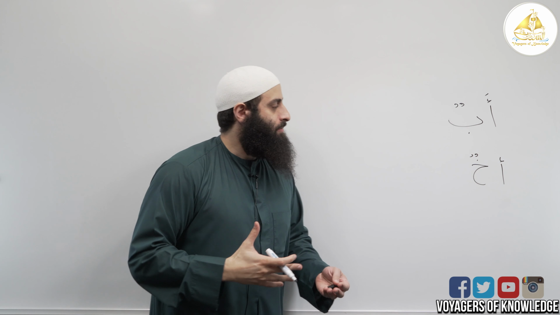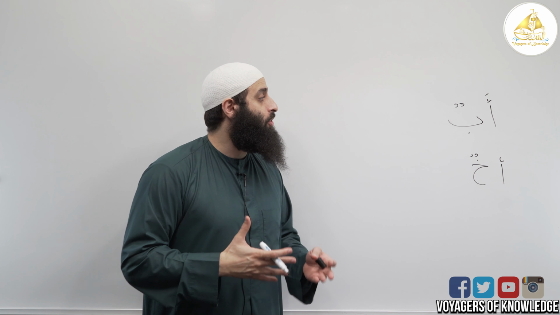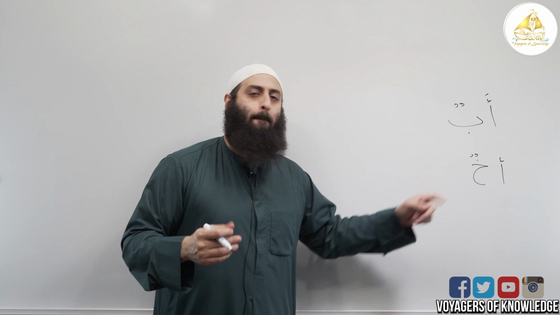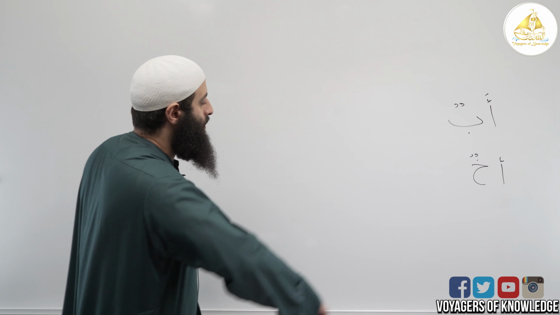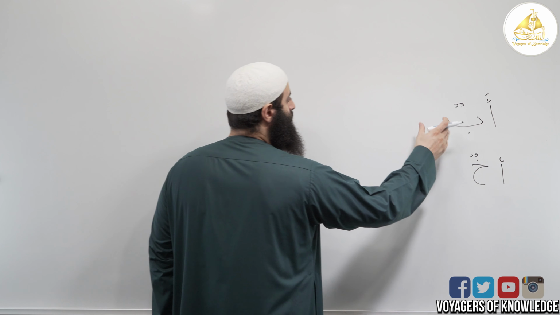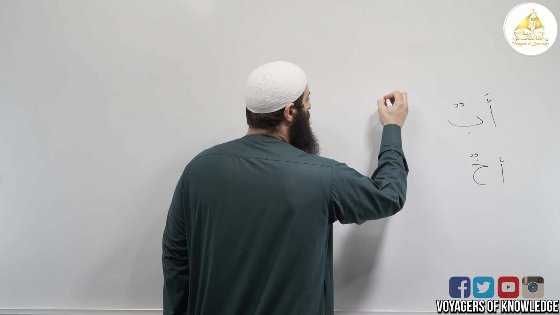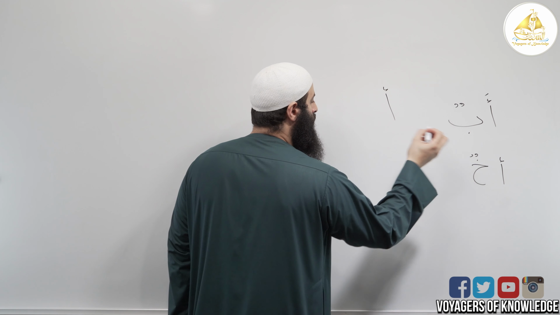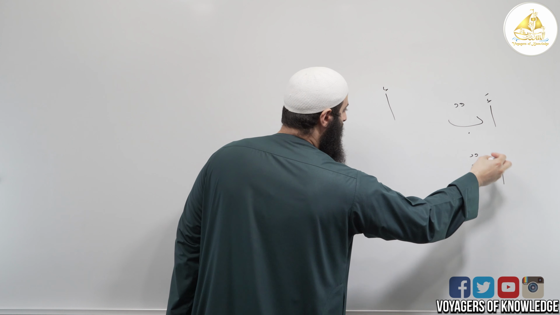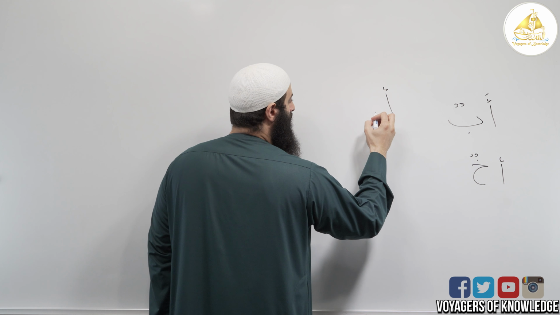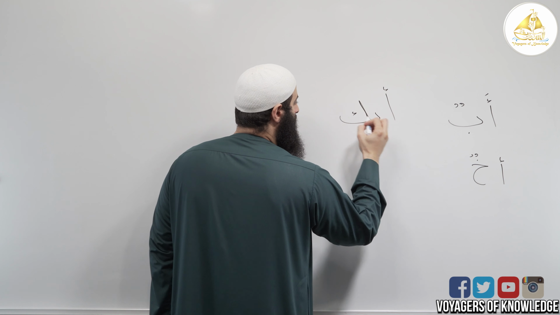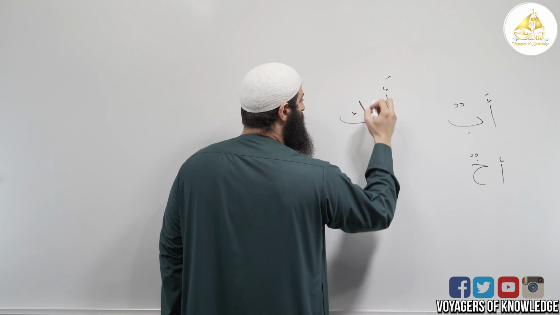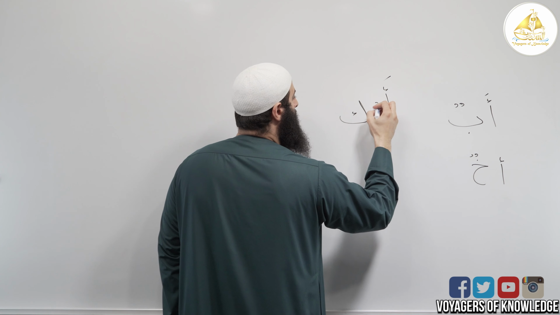If you remember, we said that there are words out there that show they are marfu' not with harakat, but with letters. Okay? So what happens to ab when you want to say your dad? Abun means a dad, akhun means a brother. So I want to attach the kaf.